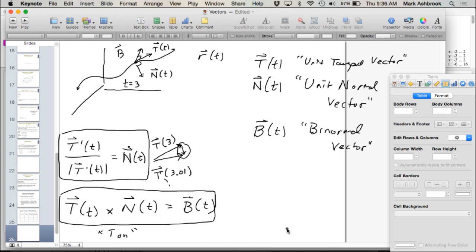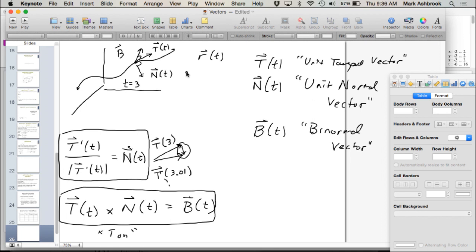Agree with that? No? She wants B and N. B and N, right? B and N form the plane, so you see that plane that this curve is normal, or orthogonal, to. So to write the equation of that plane, which vector would you use? What vector gives us the orientation of a plane?